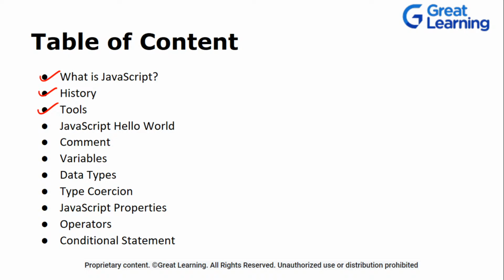Then we'll talk about comments and how to write them. Then we will talk about variables, data types, and type coercion, which is very important. Then we'll talk about JavaScript properties and what makes it different. I keep seeing this question again and again: what is Java, what is JavaScript, are these things related? We will talk about them there. Then we will talk about operators, and finally we will talk about conditional statements. So these are the things.